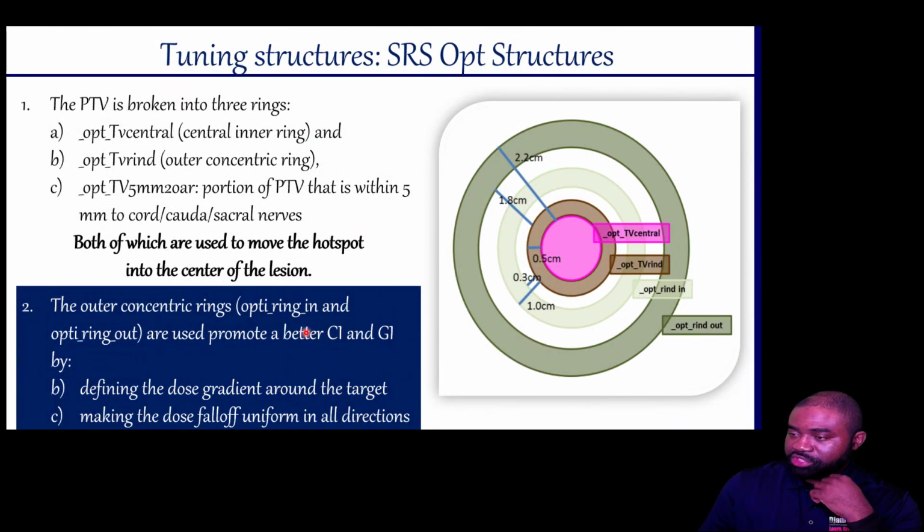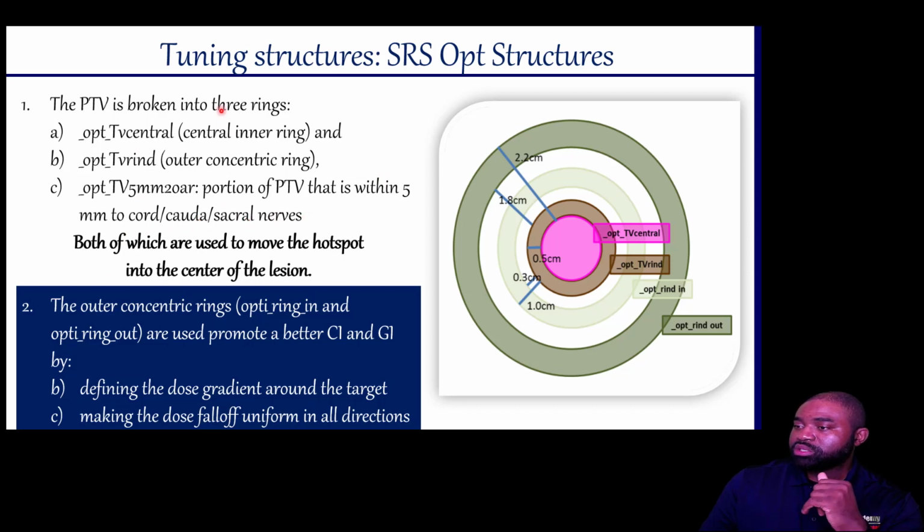And so typically for a spine case, the PTV is broken down into 3 rings. You have TV central, which is the central ring. You have TV ring, which is the outermost ring, and you have TV 5 millimeters to OARs, essentially, which is the portion of the PTV that is 5 millimeters to the cord or cauda equina or the spinal nerves.